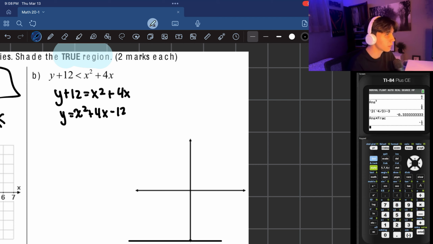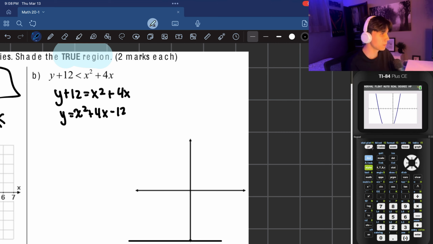So you can go in your calculator and just type this out. So we have x squared plus 4x minus 12. And I'm just going to find our intersection points here, our zeros in this case. So let's just find our x-intercepts. We go intersect, and then we just find our zeros with our graph.